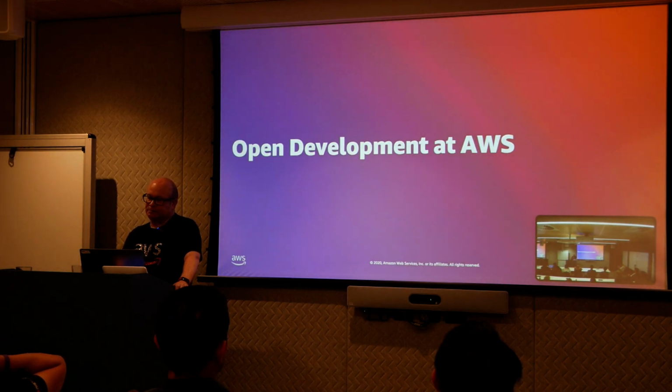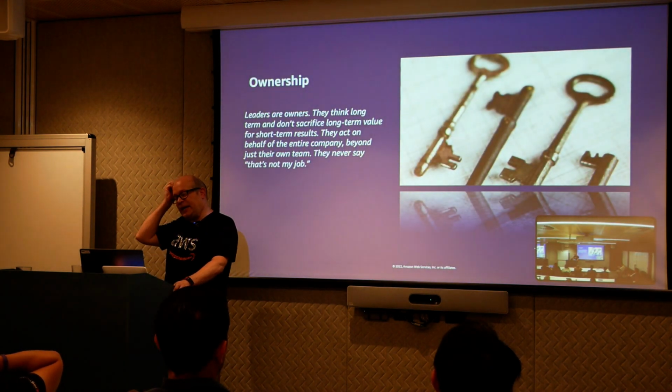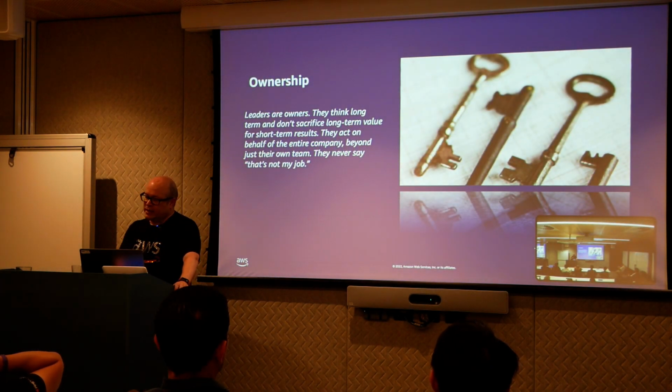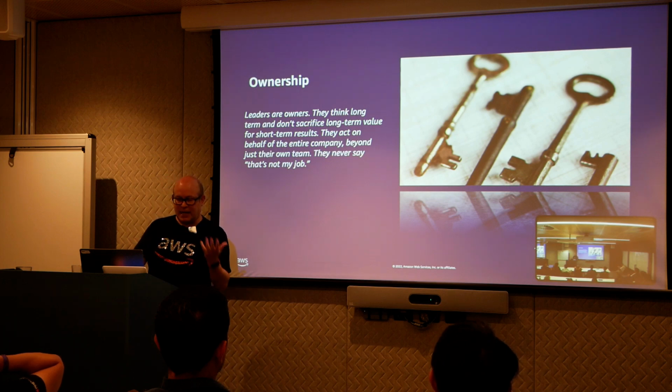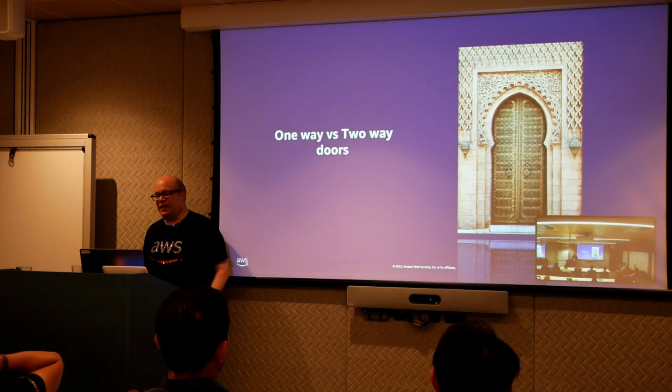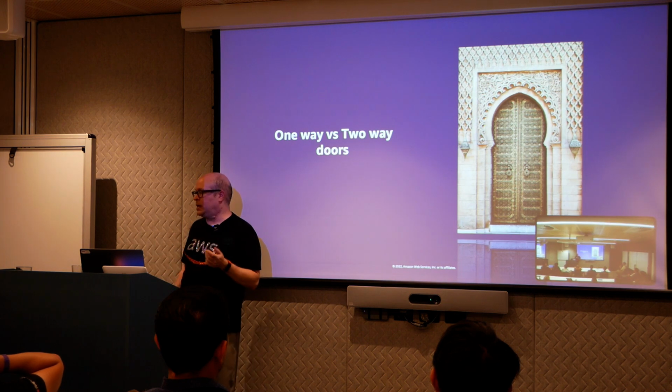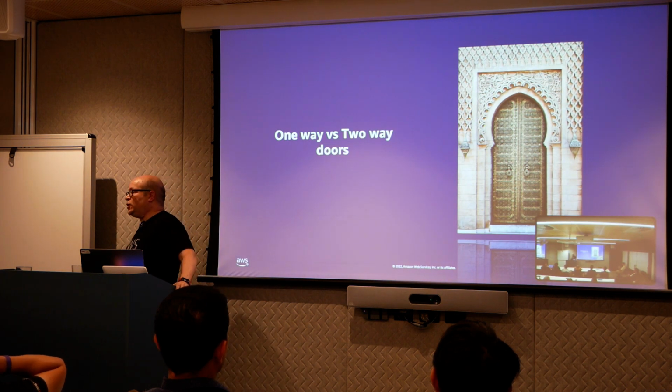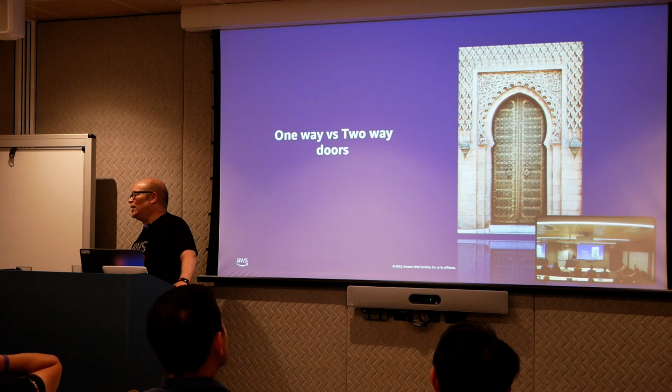So open development. Here the LP is Ownership, and one of the key aspects of ownership, as it appears in Amazon culture, is this concept of one-way and two-way doors. Two-way doors are things you can do that might take some time and money, but you can always come back from. One-way doors are those big decisions that are really hard to come back from.